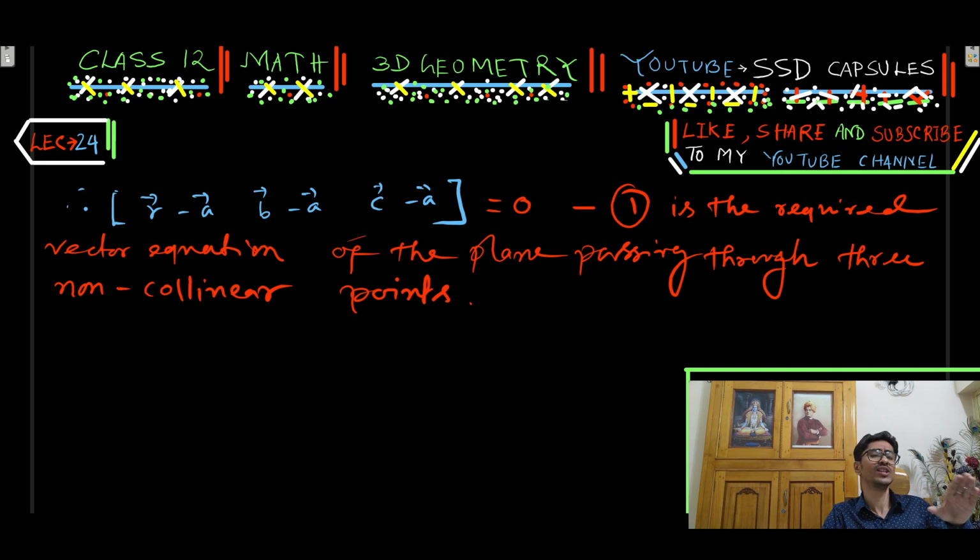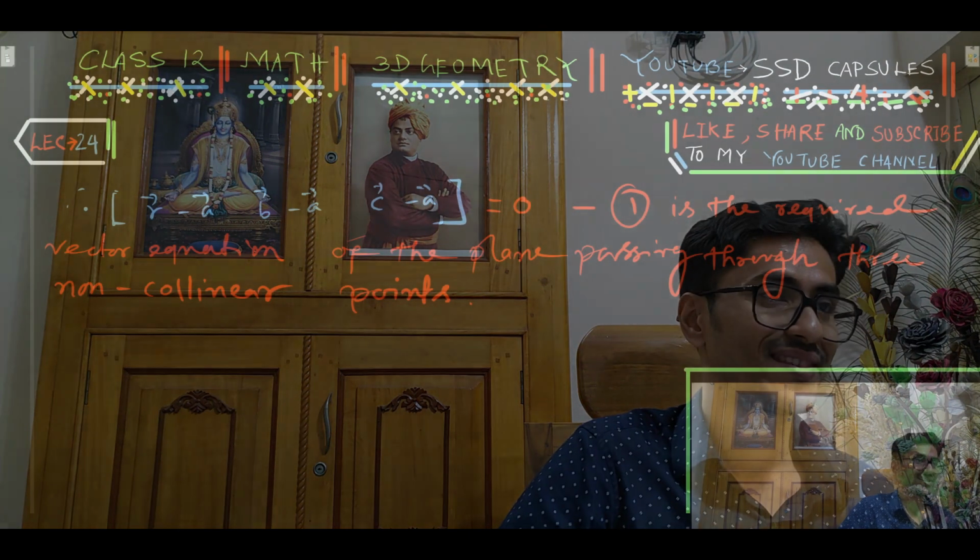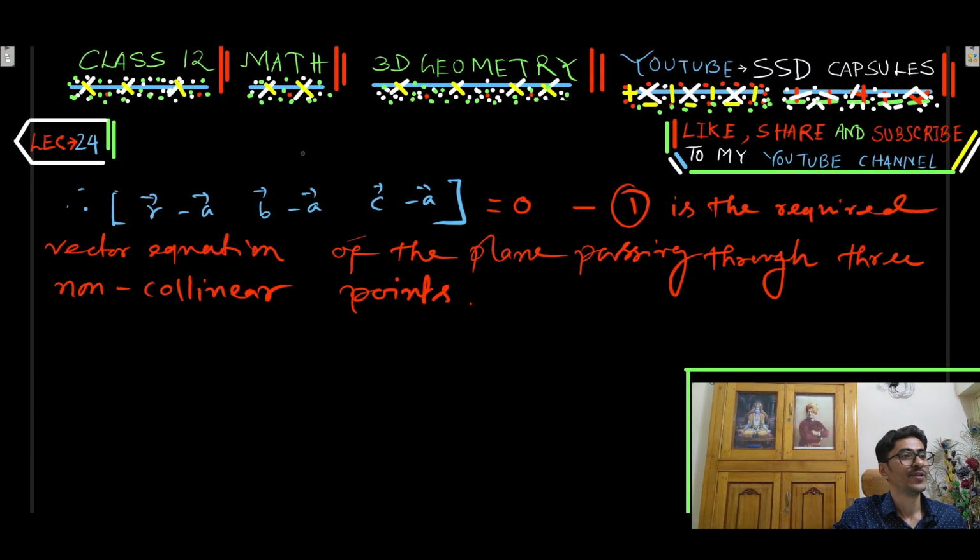So you have to always be attentive while writing the proof of any mathematical problem. So here we have done the vector form, but we still have to find the Cartesian form. This is the vector form, the vector equation, so I have underlined this.